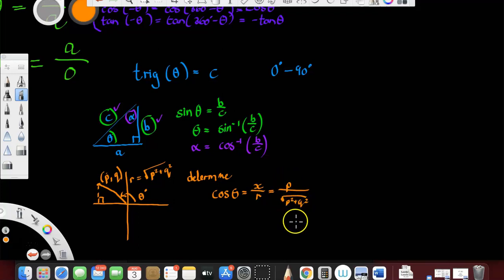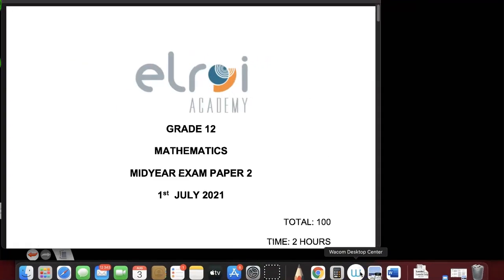P and q are actual numbers, but you hopefully get the point: if they give you a point on the Cartesian plane, you should be able to calculate the ratio for the angle that point makes. I think that's what that comes down to.